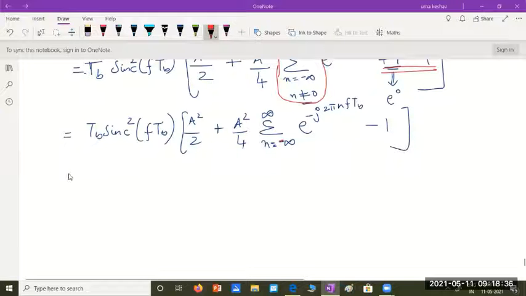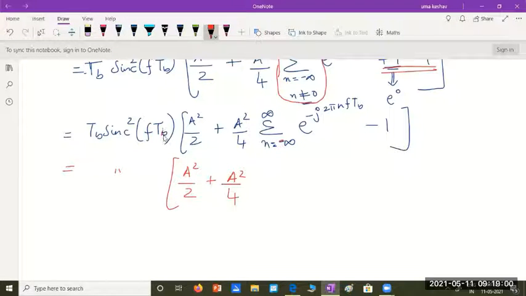So here, simplify this further. This is not as simple as the previous case. You see, now what will this be? I have the first term outside the bracket as it is. I'll not go on writing this again and again. A square by 2 plus a square by 4. Okay, a square by 4. I'll keep it as it is. N is equal to minus infinity e power minus j2 pi nf tb minus 1.